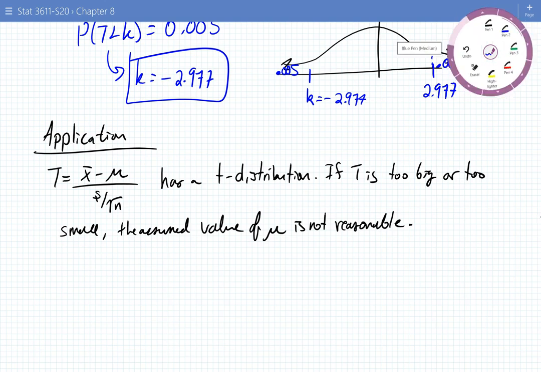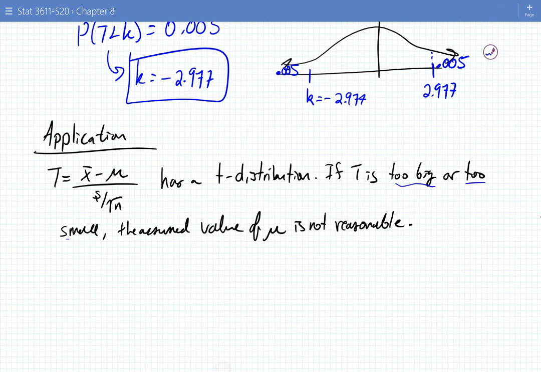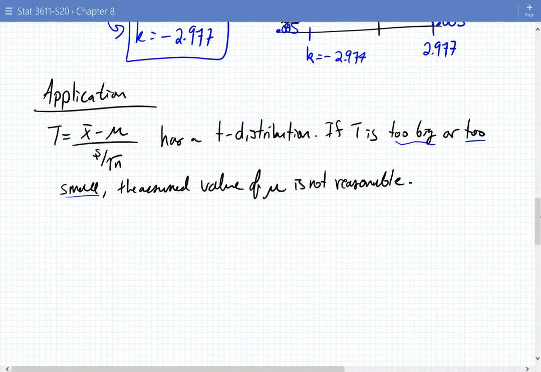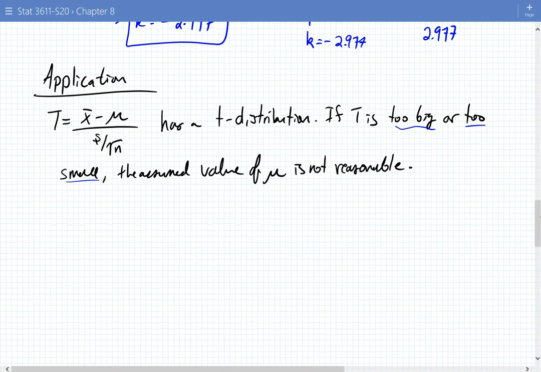And what do we mean by too big or too small? If there's no acceptable bounds specified, we will do the same sort of process as we would with the chi-square statistic, in that we want to accept 95% of the values.